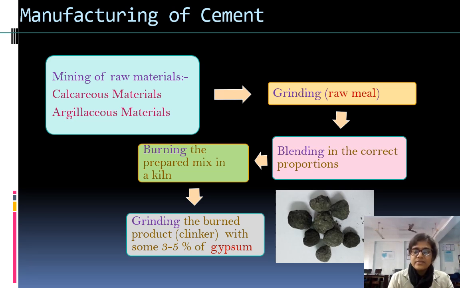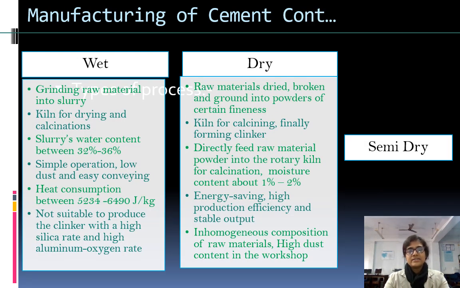Now this is a very general outline of how it is done, but in the manufacturing aspect there are three processes: wet, dry and semi-dry. Depending on how we do the grinding and blending of the material, if in that part we use water, then it becomes a wet process.